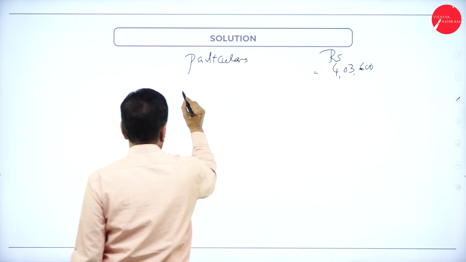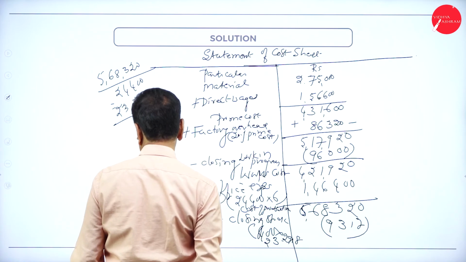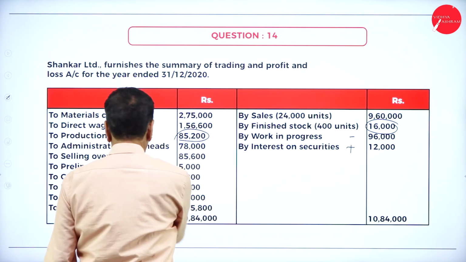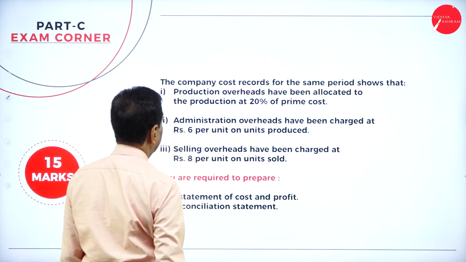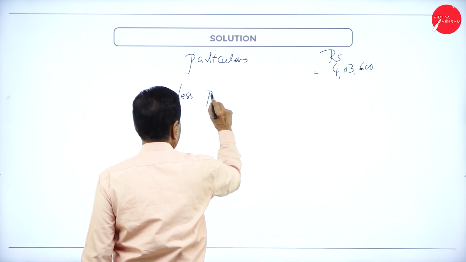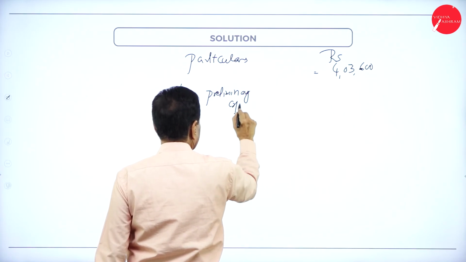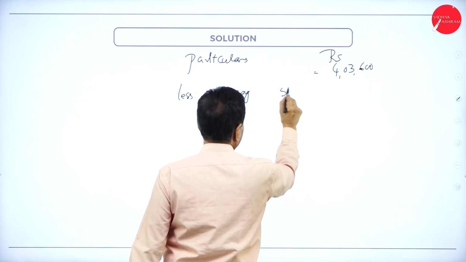Less. Go one by one. What is the first one? Preliminary expenses, 5,000.